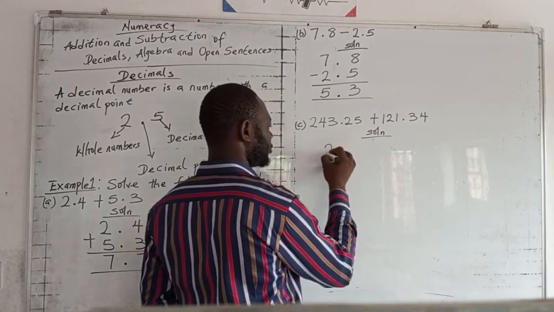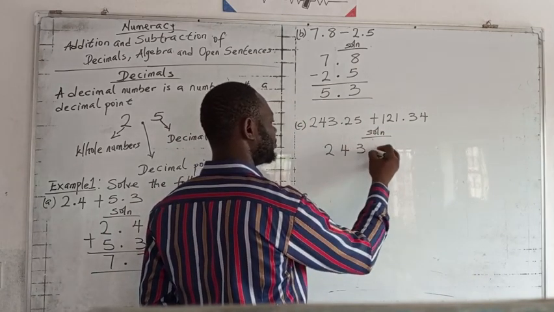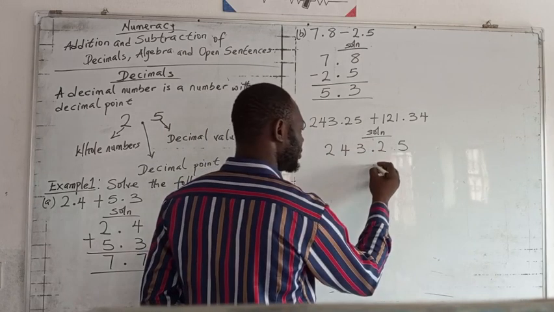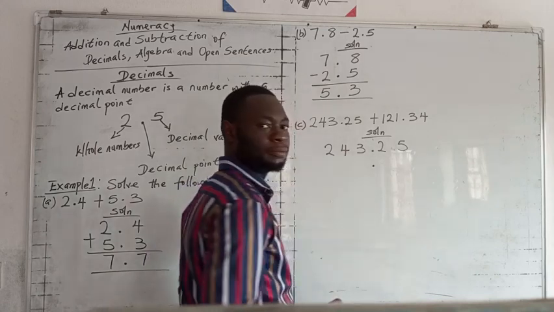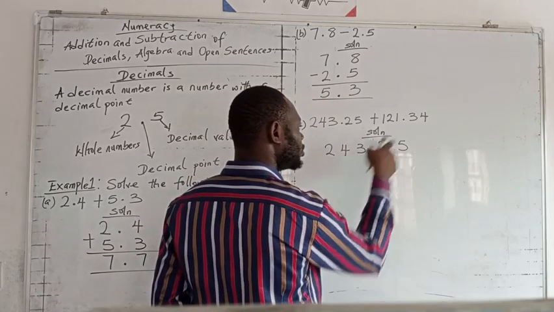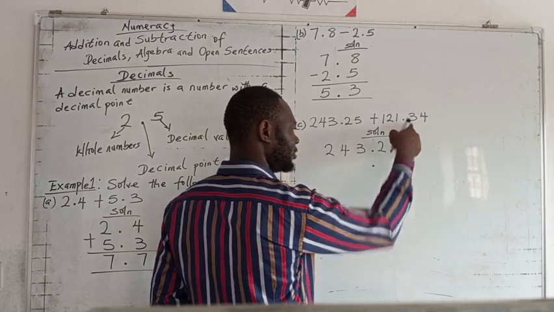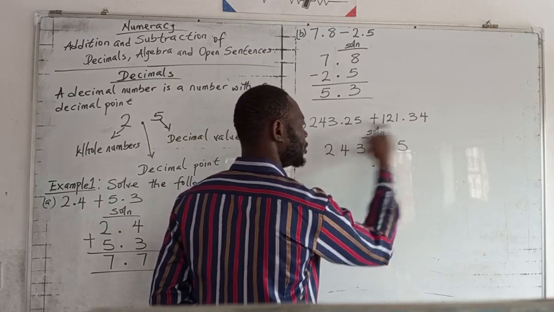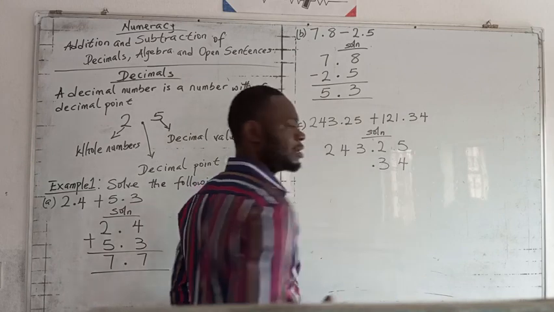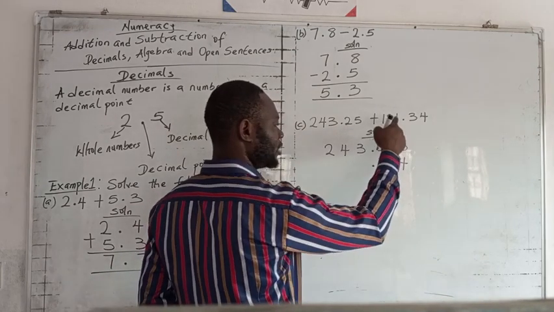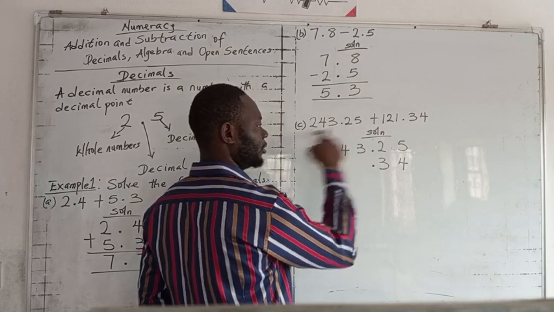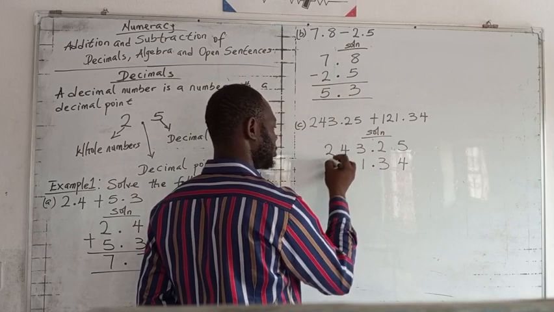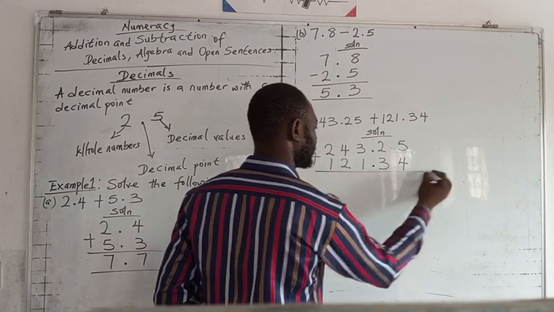Write out this number first, 243.25. Your decimal point should be under the decimal point. Now, what number comes immediately after the decimal point? 3, right? So 3 comes immediately after 2. 5 and 4 together, right? So 4 under 5. Well, this is like our normal units, tens, hundreds. So 1 unit, 2 tens, we add.